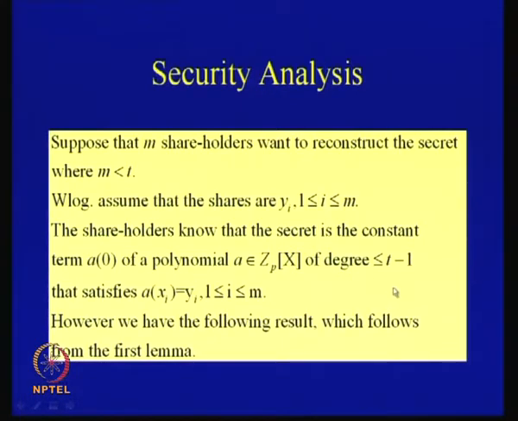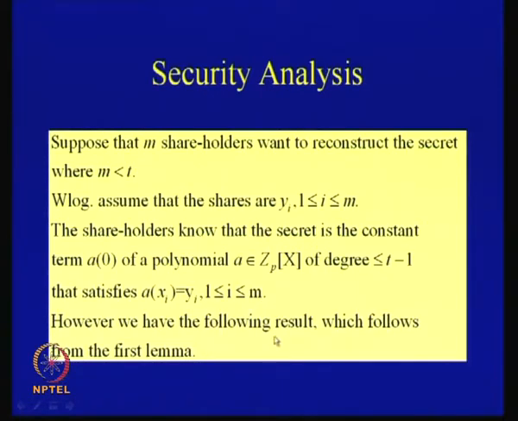So, that is known essentially to the shareholders as well. It will satisfy a of xi equal to yi, but they do not have all the t shares, they have only m shares, and you know that m is lesser than t. So, what is the information leakage, or what is the knowledge that is leaked of the constant? That is the question that we are concerned with, right.